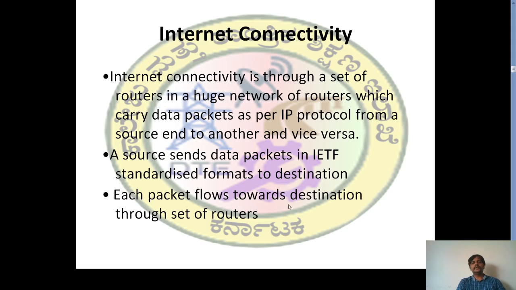In the internet we can find several routers, and each router has its own routing table. Depending on the routing table, it finds the best suited path to reach the destination. Through that path, the router forwards the packet.